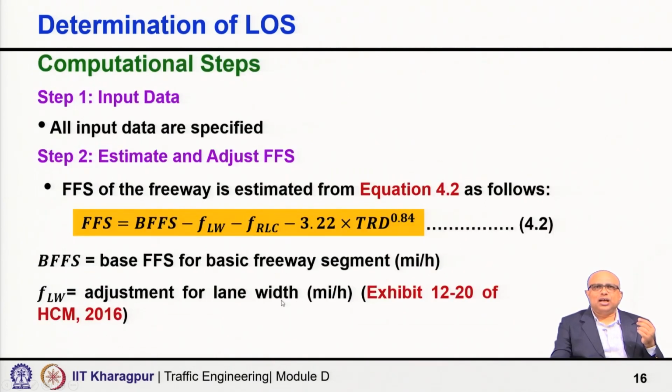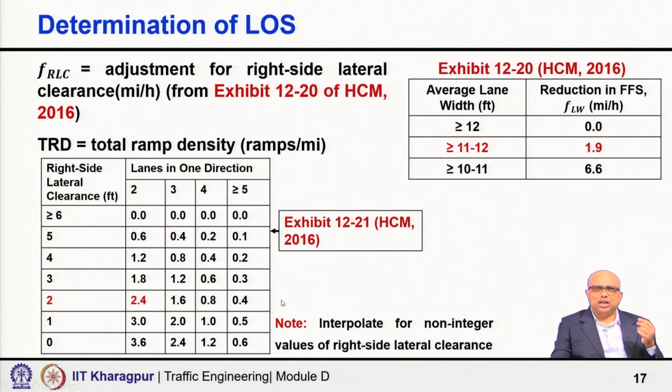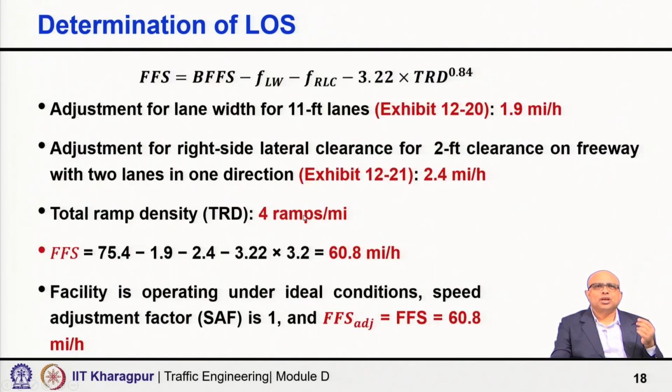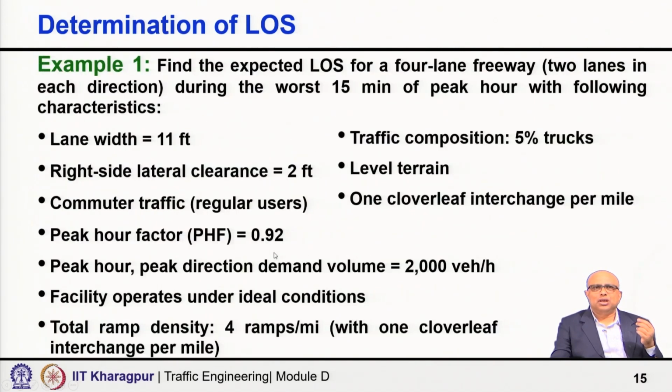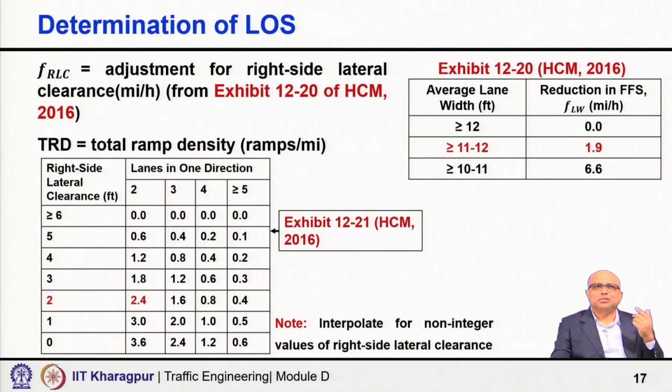That correction is also applied, so we can calculate the FFS. Why 75.4? Because that is the default value that we have taken. Please connect it to my earlier lecture. I said above 75 miles per hour is where the model or the prediction model is developed, and the default value is precisely 75.4.